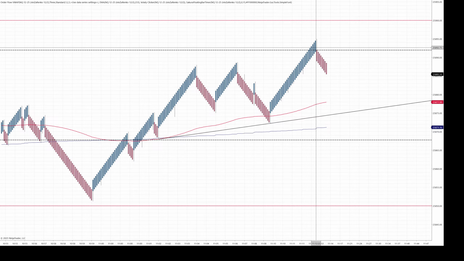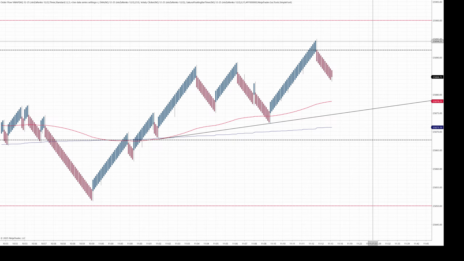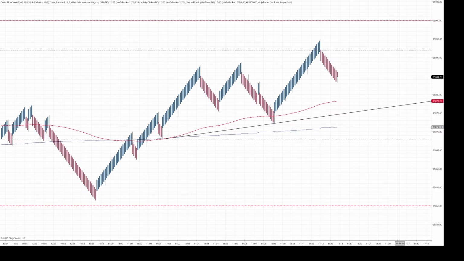I would prefer to have it just go straight down without a pullback down to the T line, get the reversal, and we can go back up. Because you see what happens when we get a slight pullback. I have to draw a trend line that negates that move.